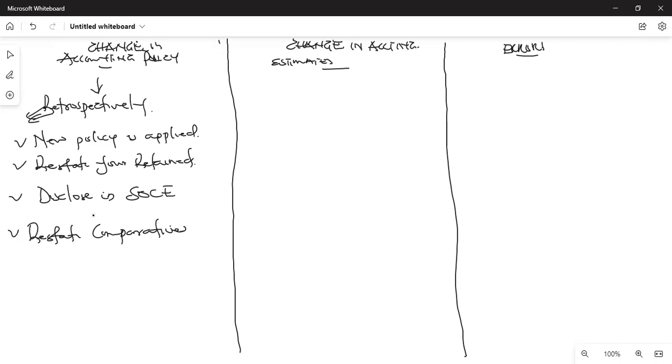So that is how you go about the accounting treatment. It is applied retrospectively. You have to go back and affect the comparative information if it is practicable to do so. But if it is impracticable to do so, there's nothing you can do about it. So you need to now make an adjustment in your retained earnings. All right. So you adjust your retained earnings.